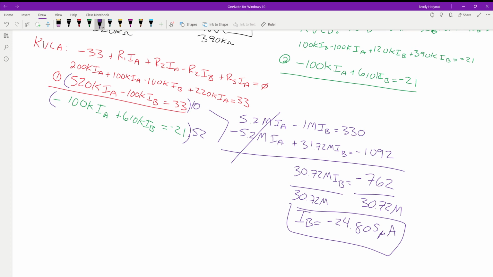Okay, now we're going to take this value that we got for IB and plug it back into one of our original equations, and again, it does not matter which one. So we have the 520K IA minus the 100K times a negative 24.805 micro is equal to 33.